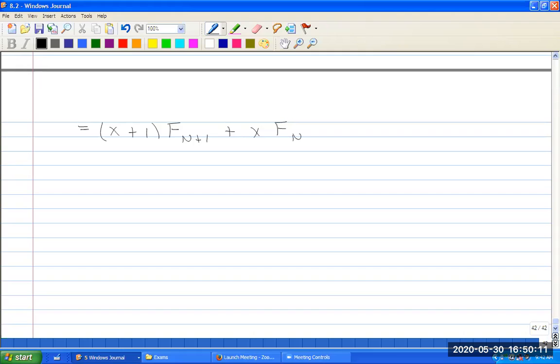So this is equal to x f sub n plus 1 plus f sub n plus 1 plus x f sub n, just multiplying the f sub n plus 1 inside the parentheses.